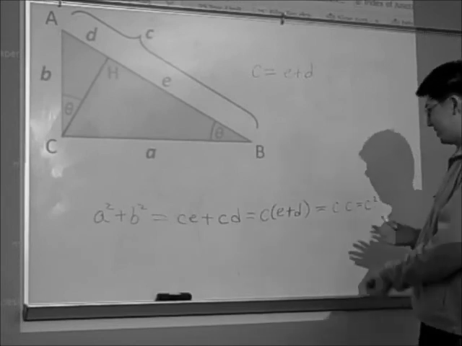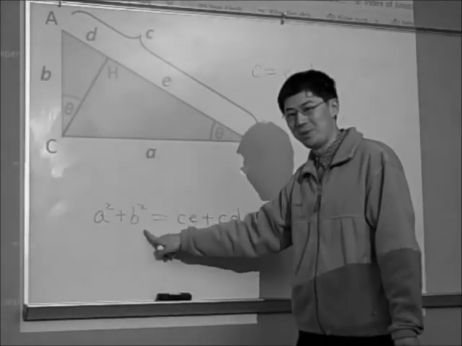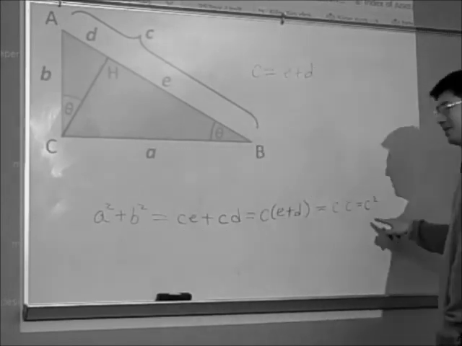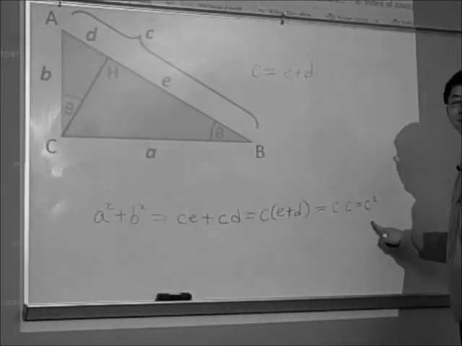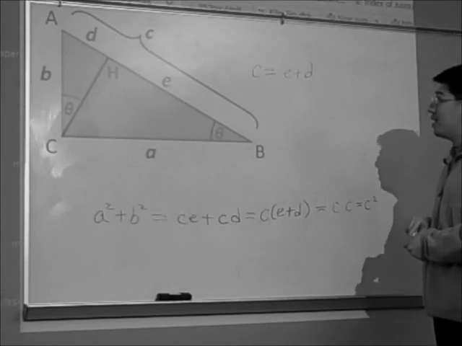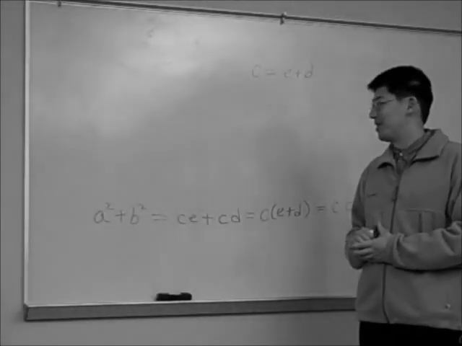And so we have A squared plus B squared, and we go all the way down, is equal to C squared. And that concludes one possible proof of the Pythagorean theorem.